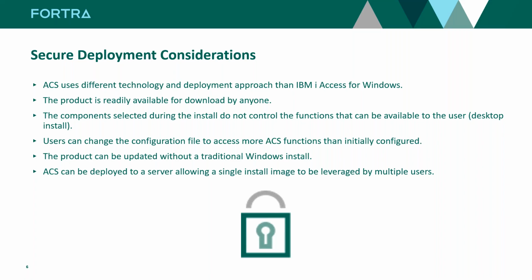It uses JavaScripts or no scripts at all. And we'll talk about that in just a moment. And the product can be readily downloaded by anyone. The only thing that's needed is an IBM ID. Used to be some more controls around it, but those are no longer there.